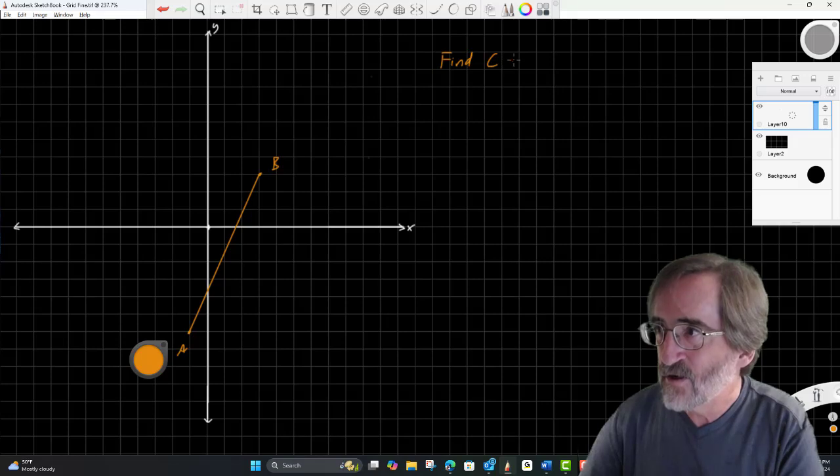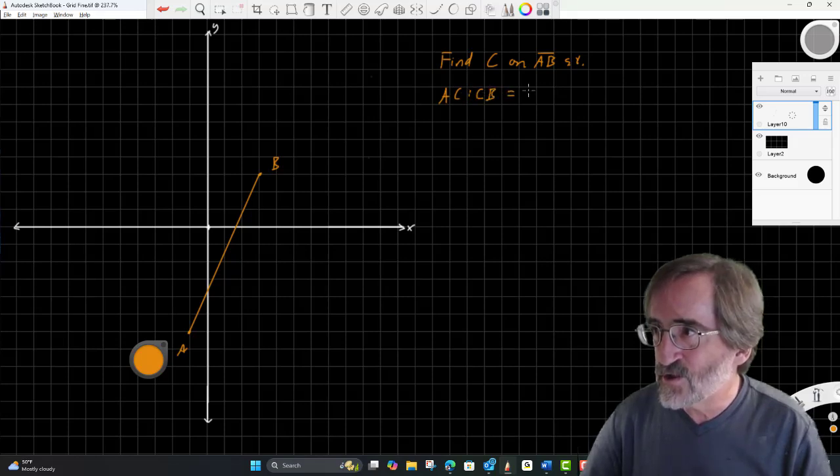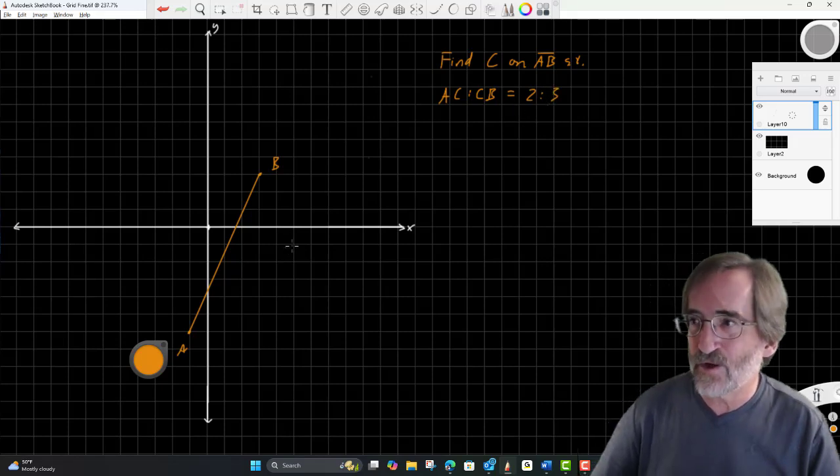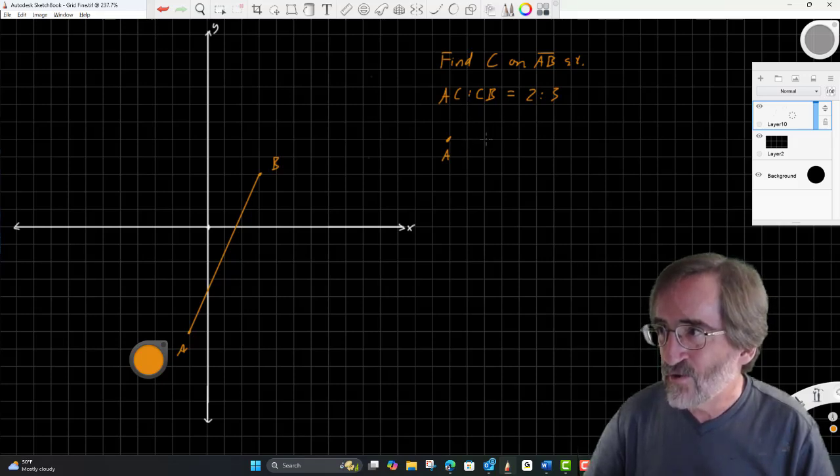Find a point C on segment AB such that the ratio AC to CB is 2 to 3. Okay, so what we do here, if we're thinking about it geometrically, from A to C is 2 units, right?